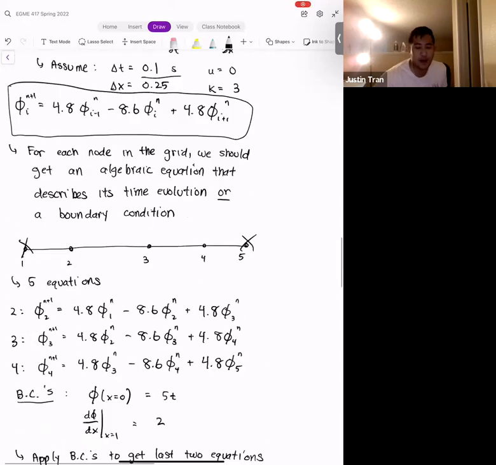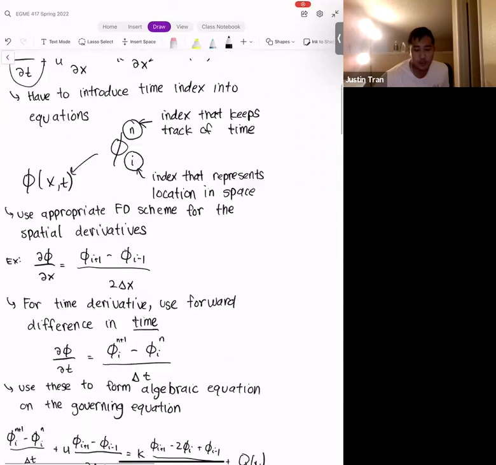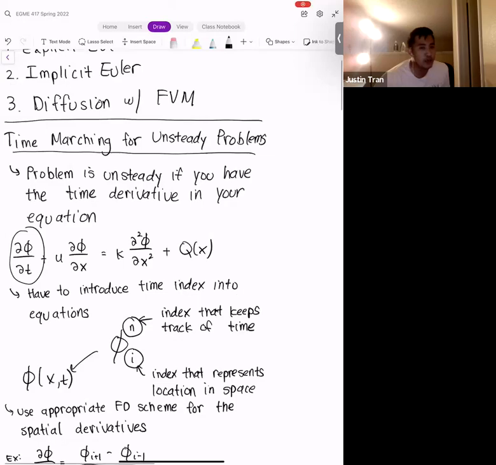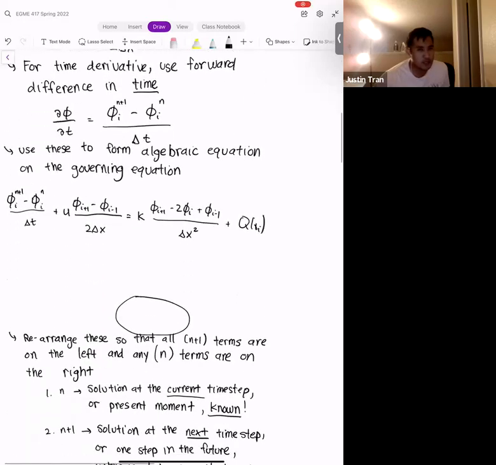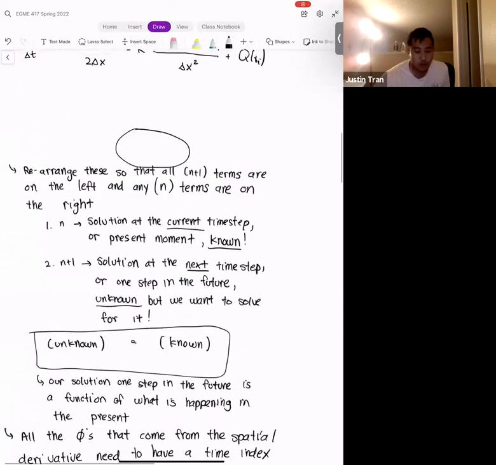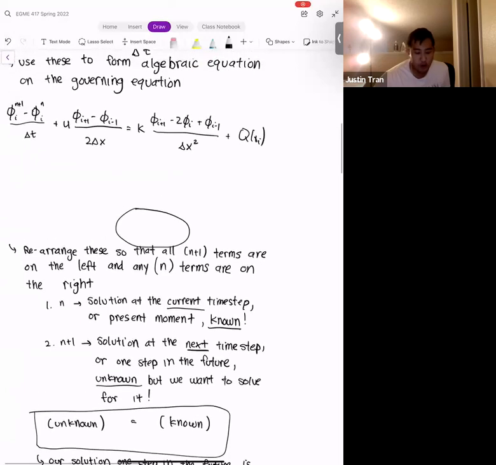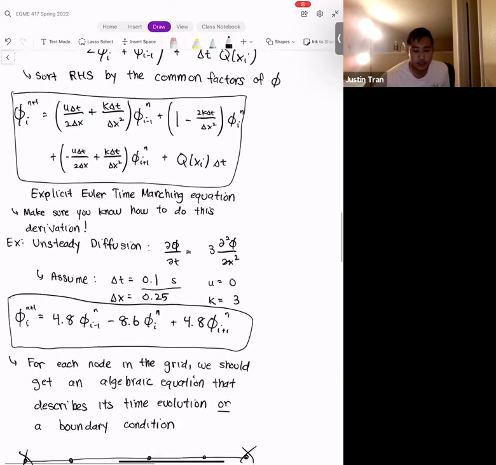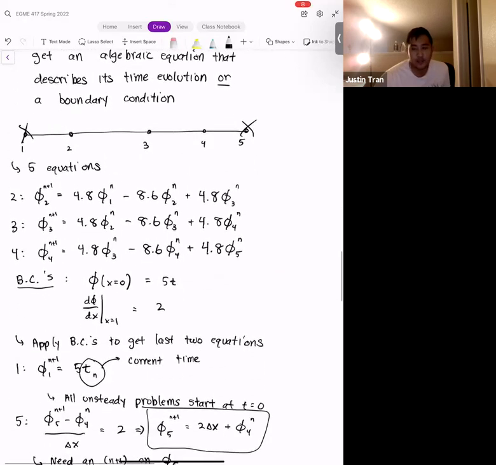Perhaps I was a little bit bullish at the beginning. I said that if you have the time derivative partial phi partial t, then you have an unsteady situation. That's not necessarily true. You can solve a problem as unsteady just fine, but whether that situation is actually going to change with time depends on the parameters of the problem.